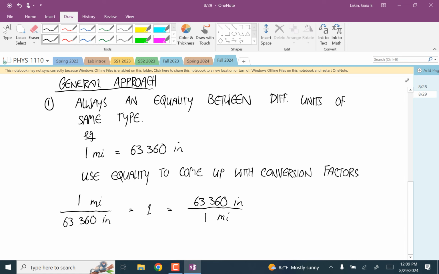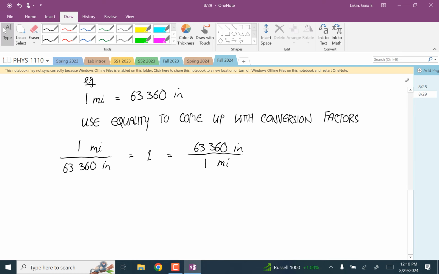Okay. Since these are both equal to 1, you can multiply these to anything without changing its value, its meaning. And so the way we're going to use this is we're going to, first of all, think of a number and a unit as a number multiplied by something.